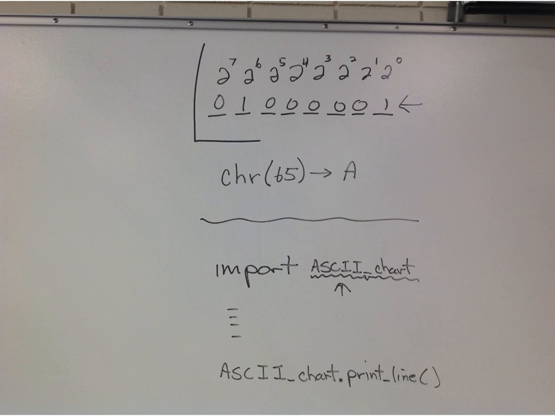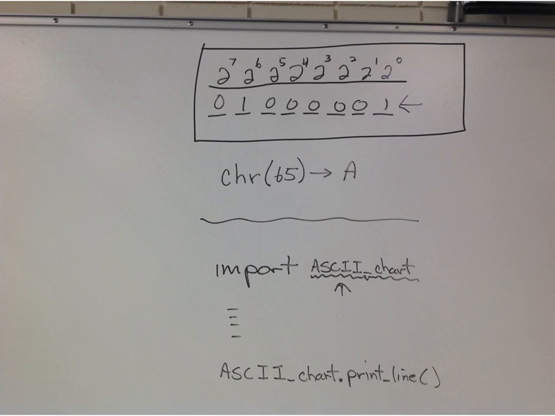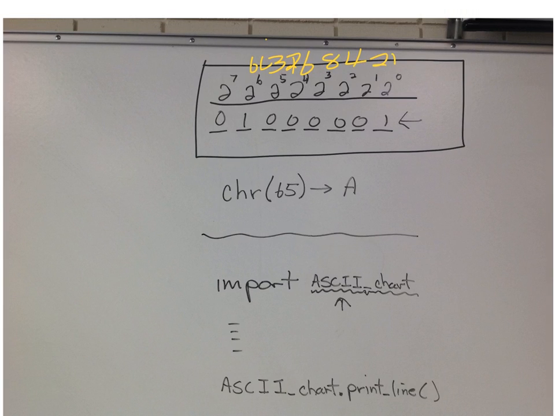We did some conversions. We listed the binary items up here. So 2 to the 0 would be 1, 2 to the first would be 2, 4, 8, 16, 32, 64, and 128.